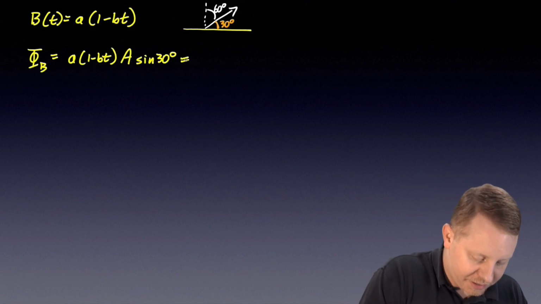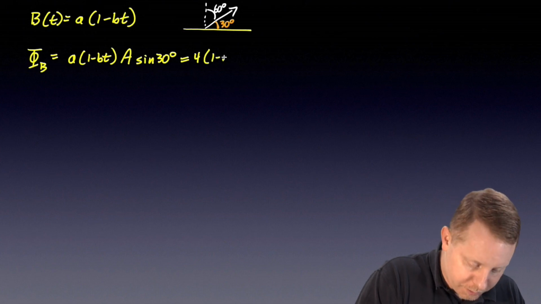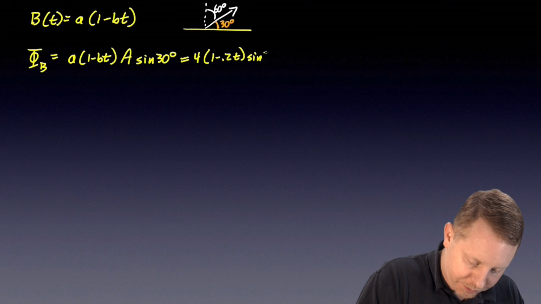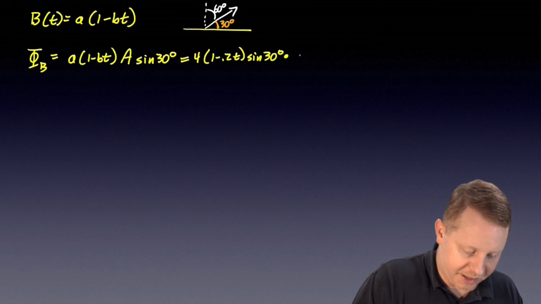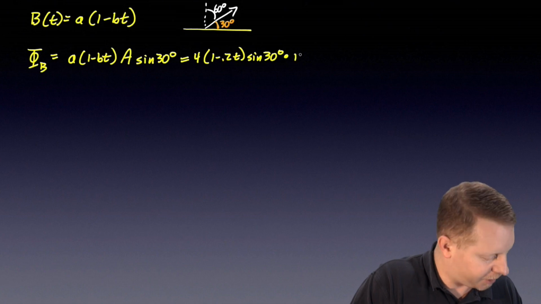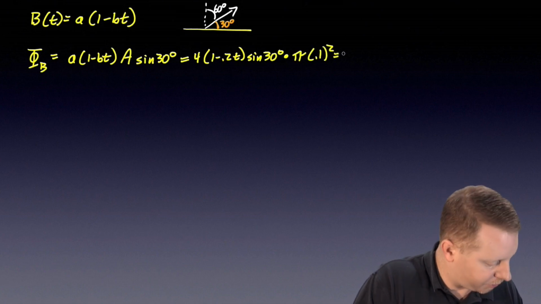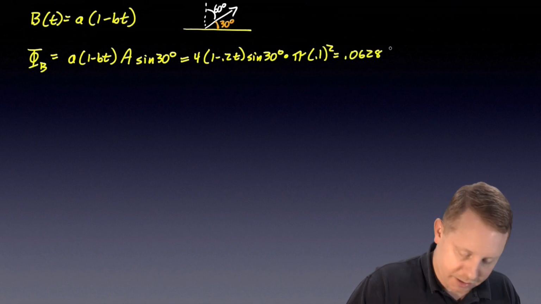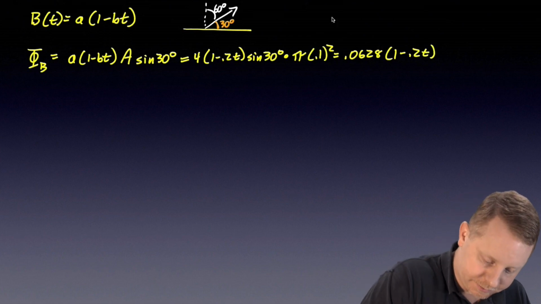So just expanding this out with what we know, that's going to be 4 times 1 minus 0.2t times the sine of 30 degrees times the area of our loop. It's a circle, so that's going to be pi r squared, pi times 0.1 meter squared, or 0.0628 times 1 minus 0.2t.